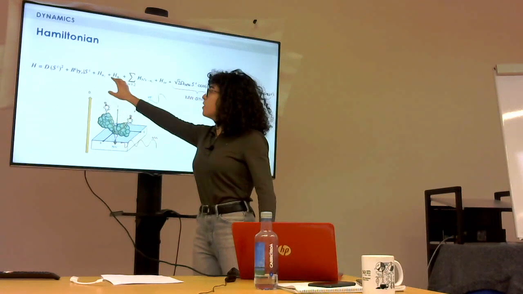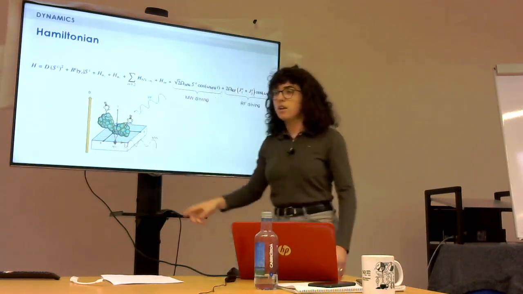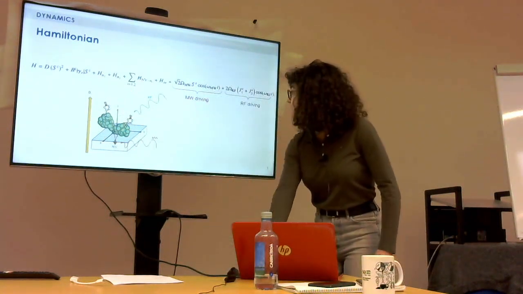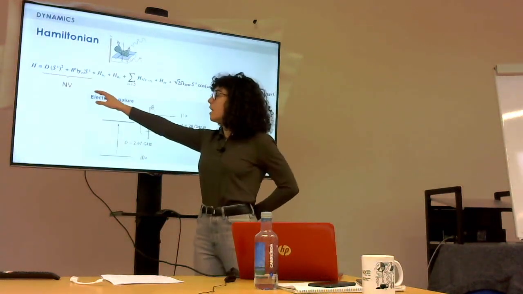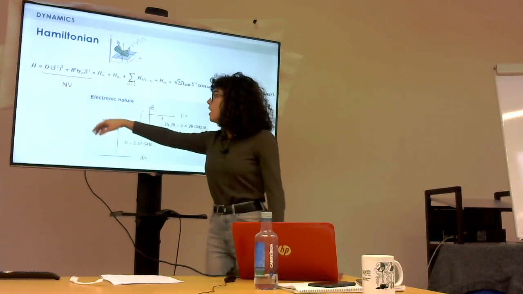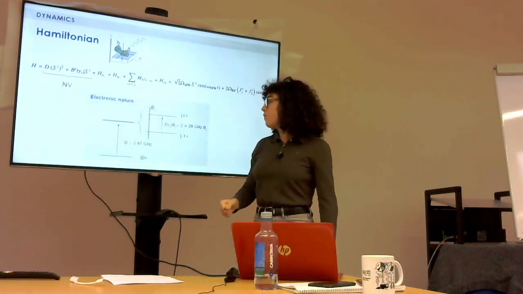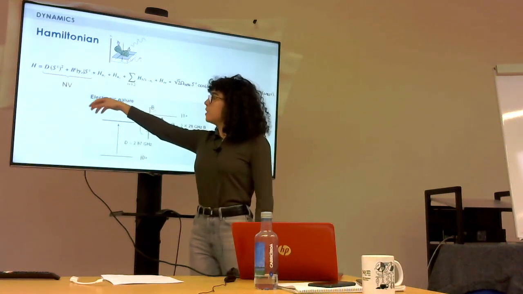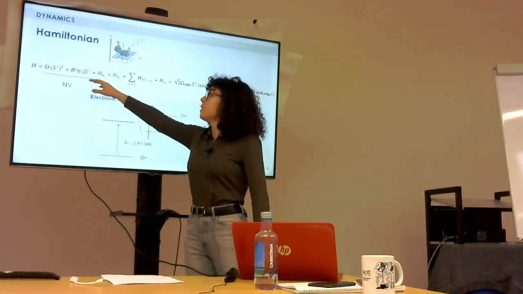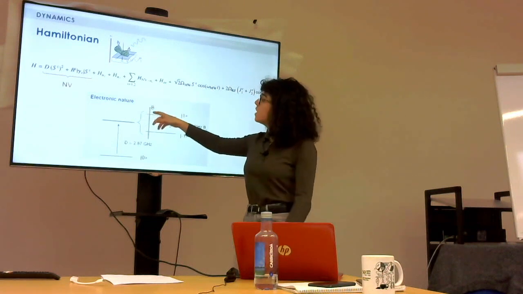Now I will present what each one of these terms is. This other term is the Hamiltonian of the NV. The first term is the zero field splitting, and the second term is the Zeeman term, which comes with the external field.